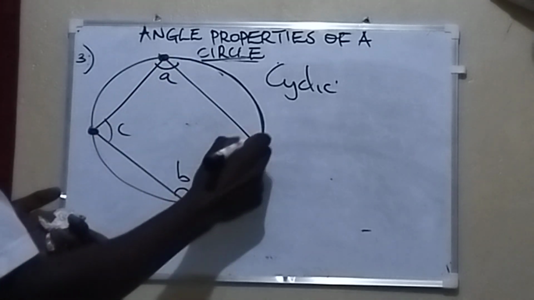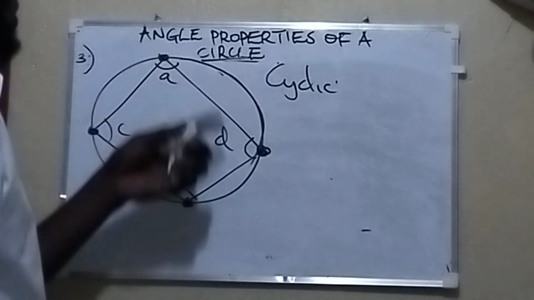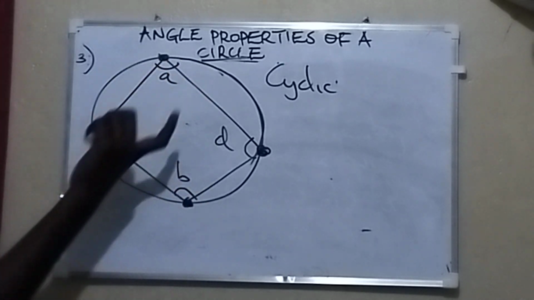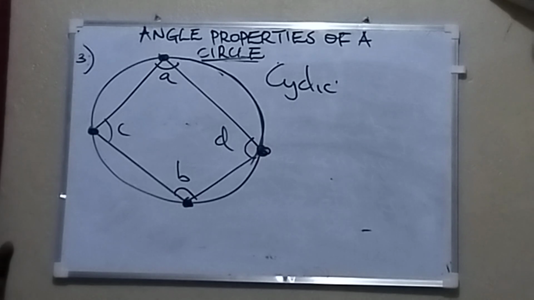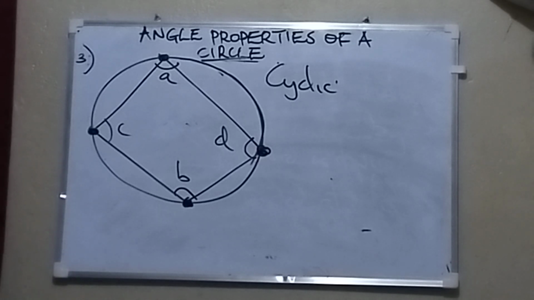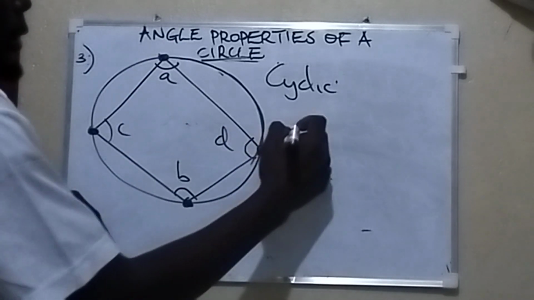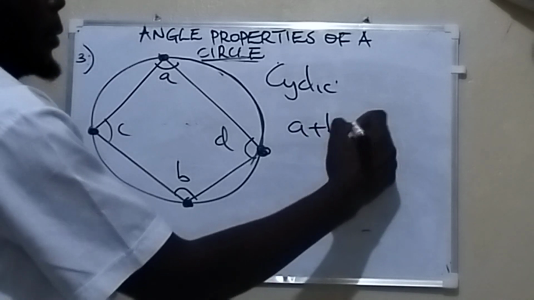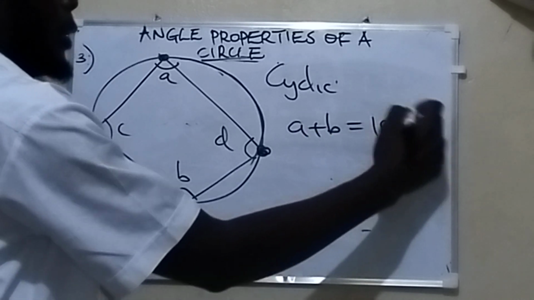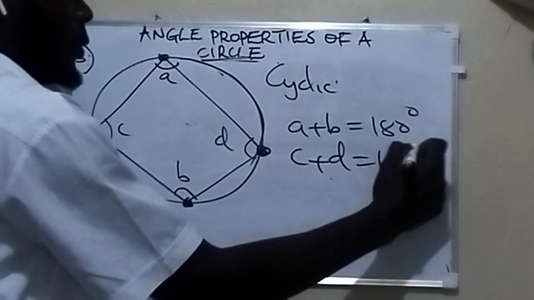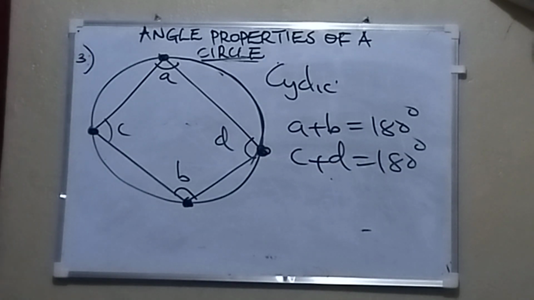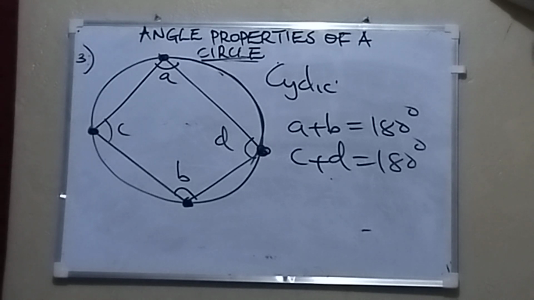You can label these angles. So if you have this type of cyclic quadrilateral, you're saying that opposite angles add up to 180 degrees. For example, angle A plus B add up to 180 degrees. Angle C plus D adds up to 180 degrees.